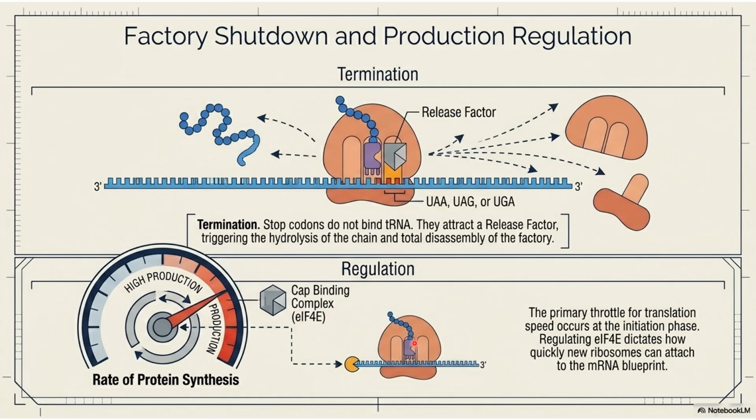When this takes place in more amount, the translation process proceeds fluently to the further steps. So this is the regulatory step for translation. The presence of eIF is the throttle, the gas pedal, for this translation process. If it is present more, translation takes place more. If it is less, the rate of protein synthesis is less.